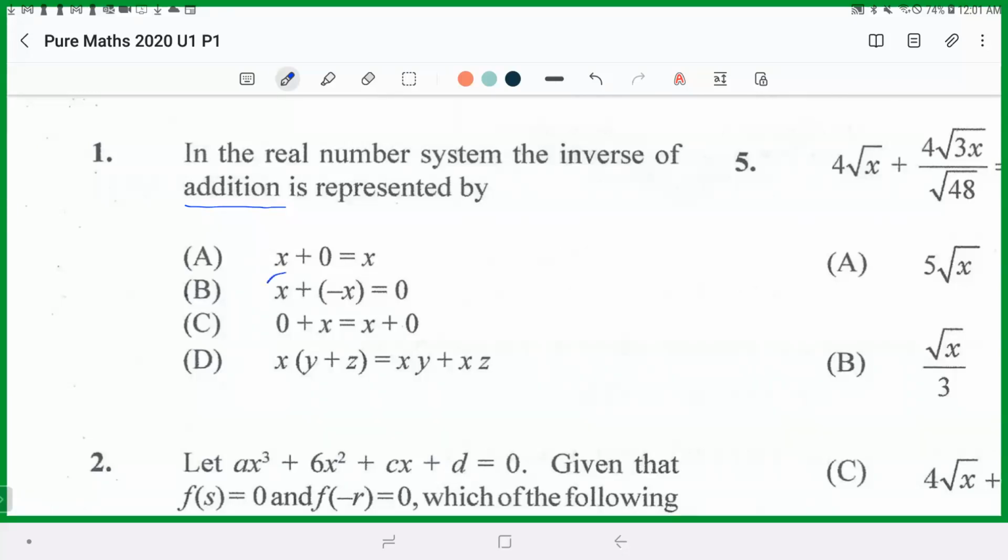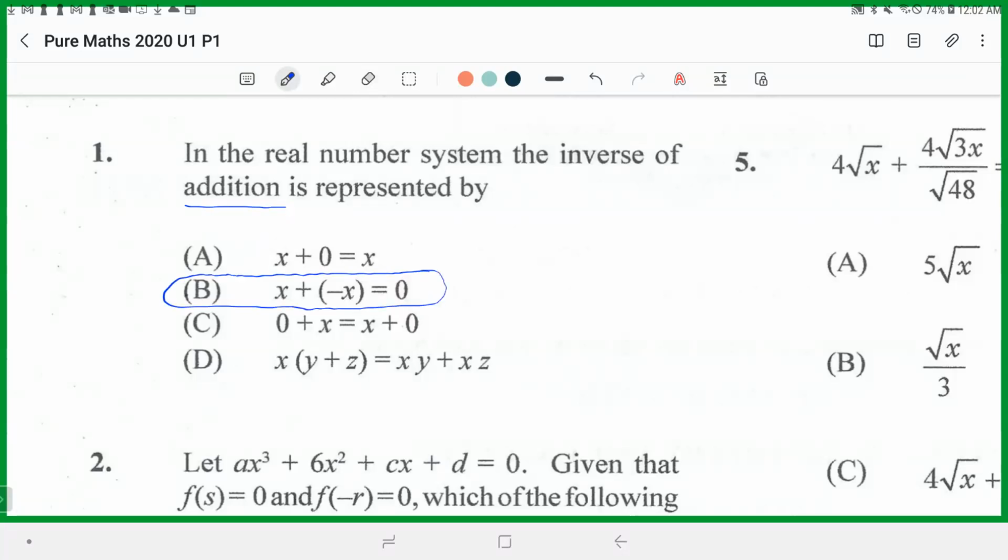So the operation is to add, and they are inverses of each other. When you carry out the operation on those two inverse values, you get the identity of the operation, which is 0. The identity element for addition of real numbers is 0. So basically, this is the answer for this question.